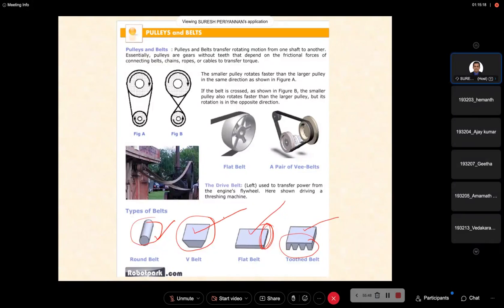This can be used for short power transmission distance. This also can be used for long power transmission distance in the rope drive, the circular cross section, especially for light duty applications. I stop here. We will see the remaining things in the next class.